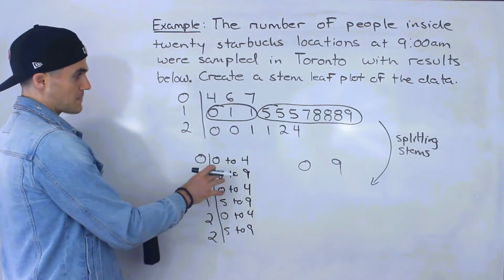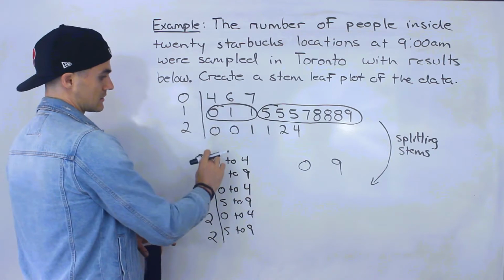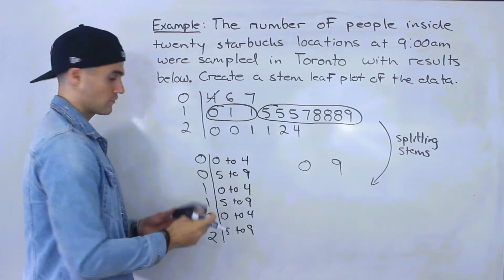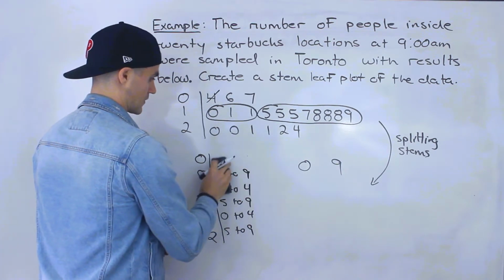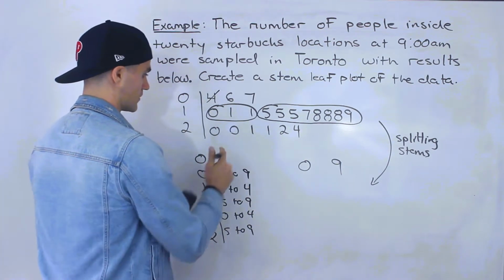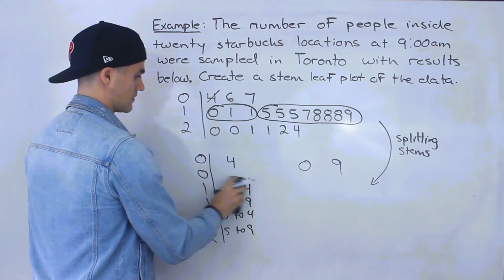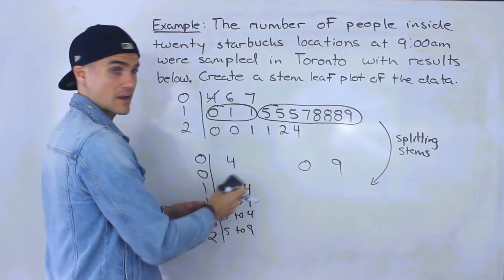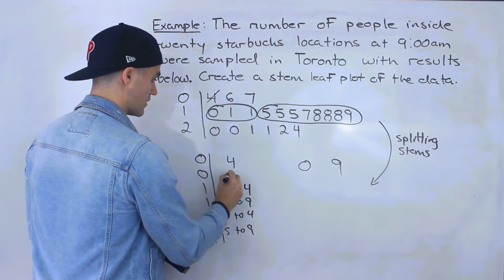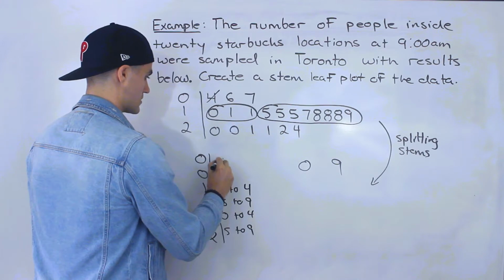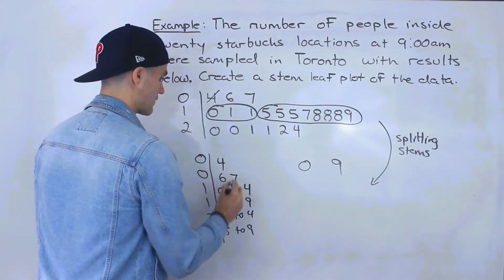Okay, so if we follow this pattern, notice that 0 to 4 is only going to be one of them. So it's just going to be that 4. Because notice that the 6 and the 7 are between 5 to 9. So the 6 and 7 would go here. Let me actually put these a little bit more to the left. So 4, 6, 7.